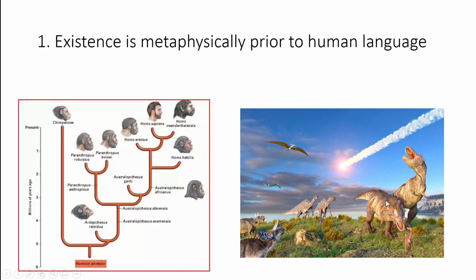So the fact that dinosaurs are distinct from rocks and plants and other types of animals before a human mind or human language can say so, can say that there's a difference between them, means that there is a difference between them prior to language, that these essences exist before human thought. Okay, so that's the first argument there.